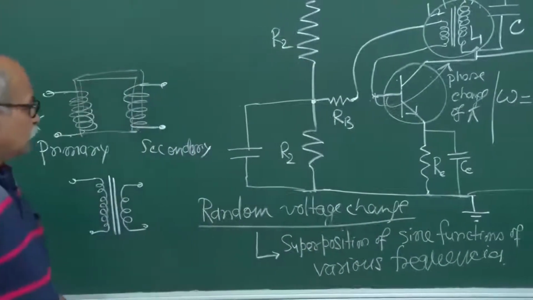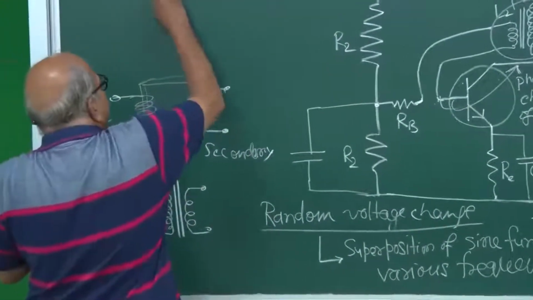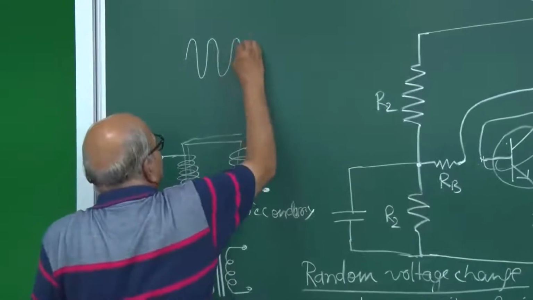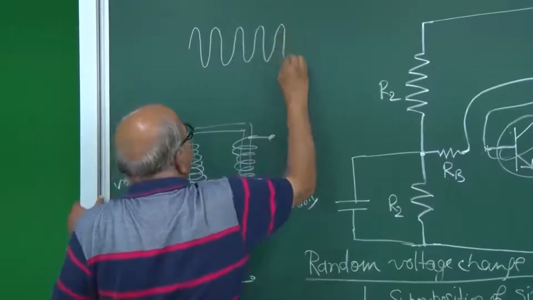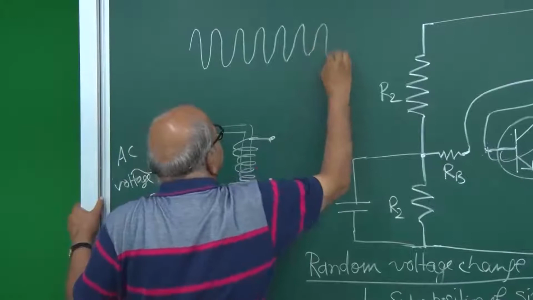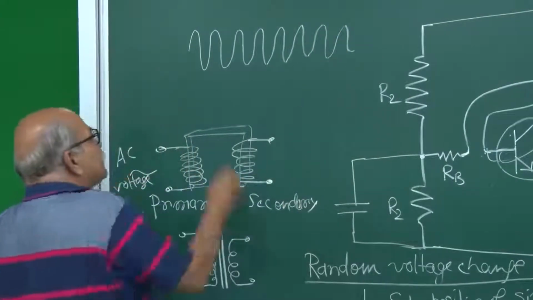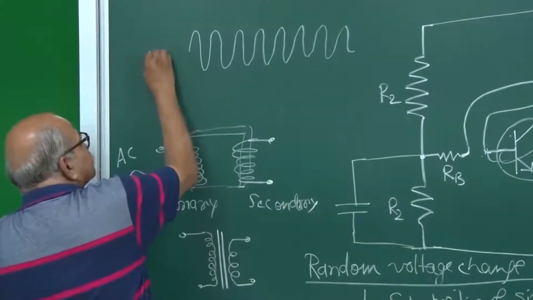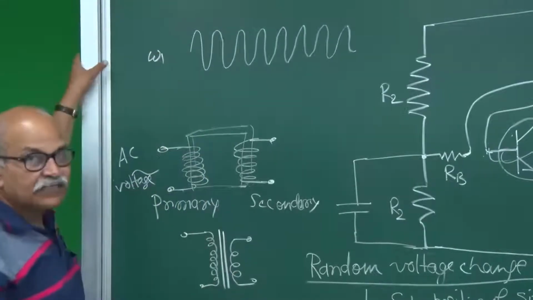Say a sine wave is just like this, or a sine function is just like this. It has a definite frequency. Let us say this is angular frequency omega 1.